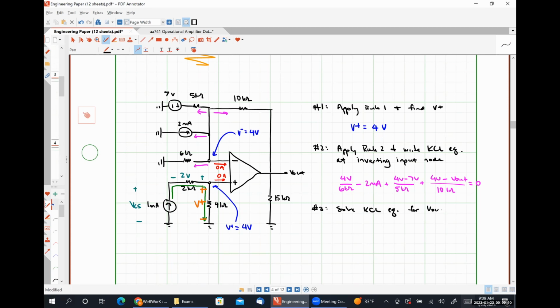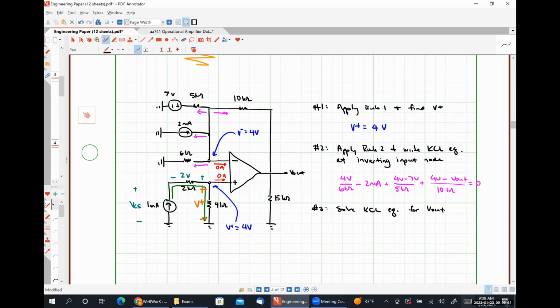Solve our KCL equation for V out, which in this case, I'm actually going to have to use a calculator, so give me just a moment. So 4 over 6,000 minus 0.002 plus 4 minus 7 over 5,000 plus 4 minus x over 10,000 is equal to 0.